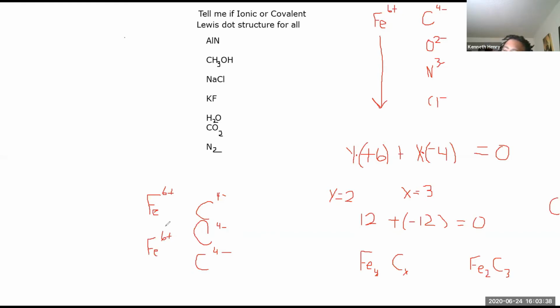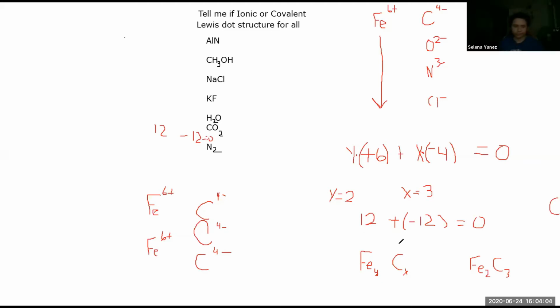So 6 plus 6, 12. And then 4 minus, 4 minus, 4 minus, negative 12. Does that equal 0? Yes, it does. So that confirms my equation, my chemical formula. Piece of cake?